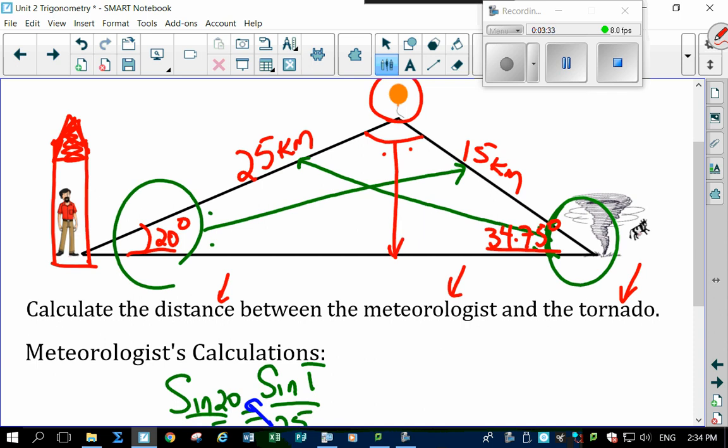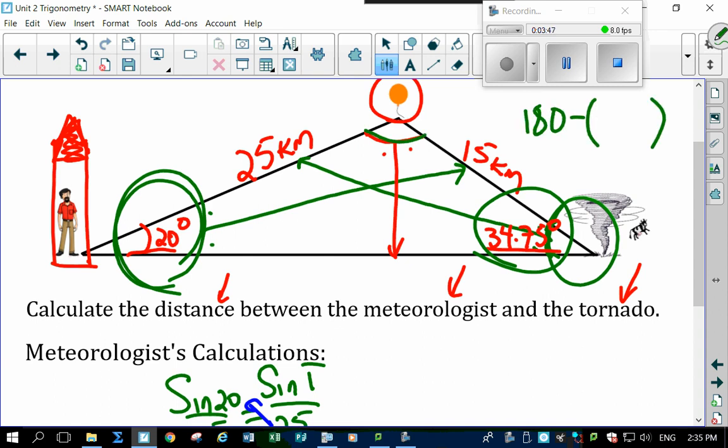Oh, what a nightmare to figure that out, right? Not really, because think about it. We still have to add 20 to this number to find this number. Remember, it's 180 subtract those two angles combined, which is 20 plus 34.75.